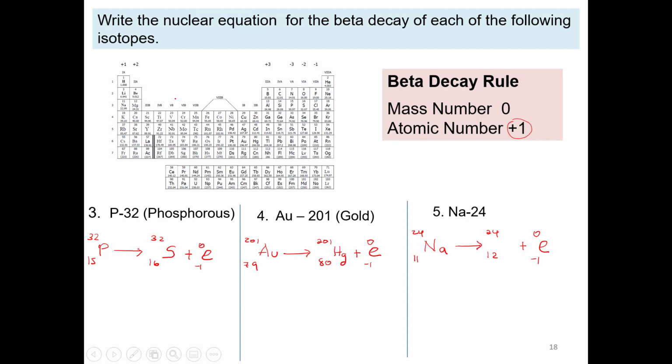Then 12 corresponds to magnesium. Let me write magnesium better. Yes, and these are the nuclear equations for these three isotopes if they undergo beta decay.